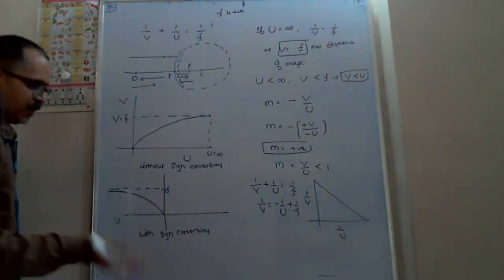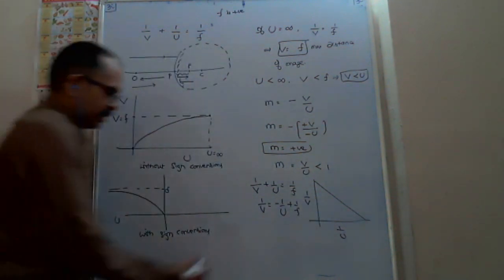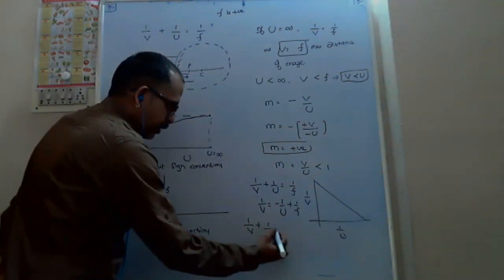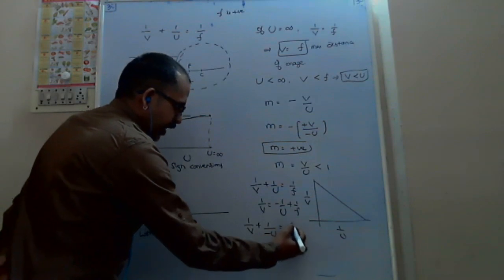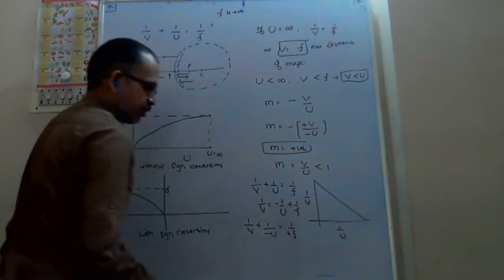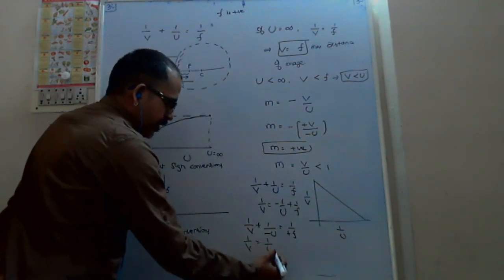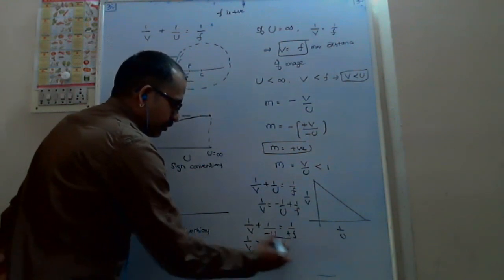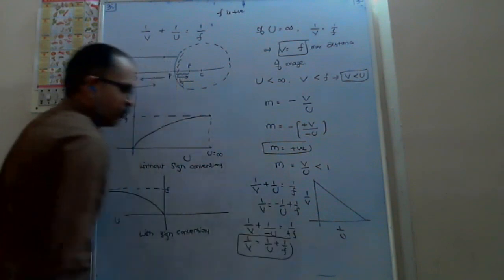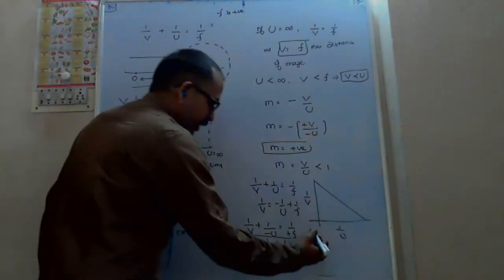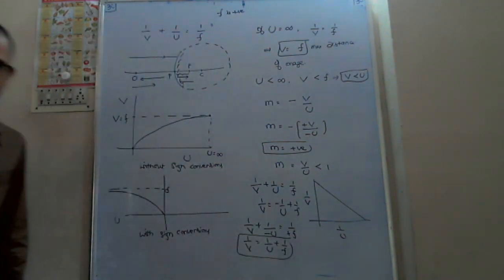But with the sign conventions, U is negative and the focal length is positive, so you get 1 by V equals 1 by U plus 1 by F, which is a straight line. Does it intersect the positive y-axis or x-axis?